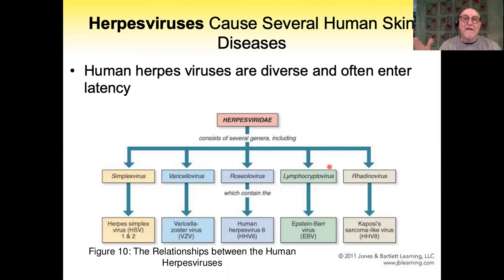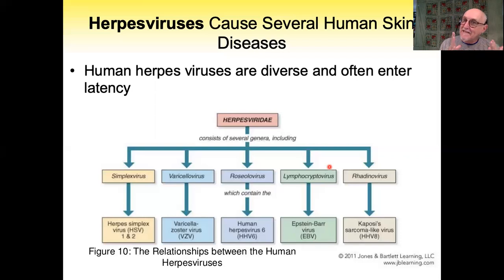HSV1 is the strain of Herpes Simplex virus which causes oral lesions. Those oral lesions have one characteristic which is true for most herpes viruses: an initial exposure produces an acute infection, and that acute infection may then resolve, and the virus is able to remain latent.